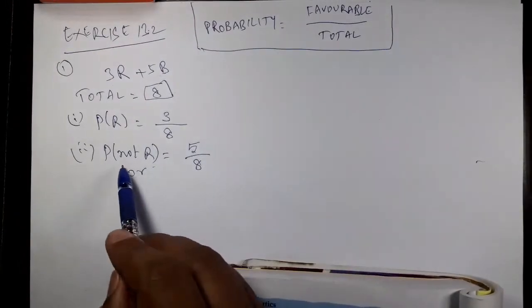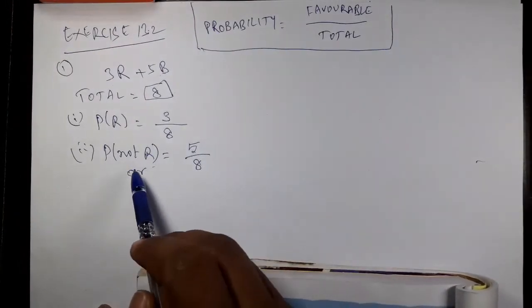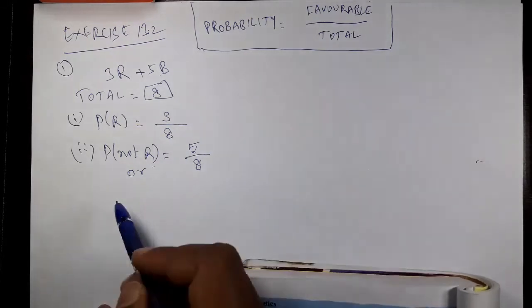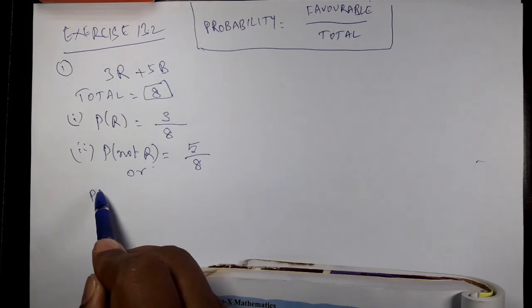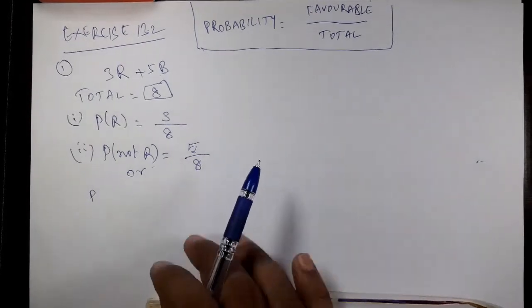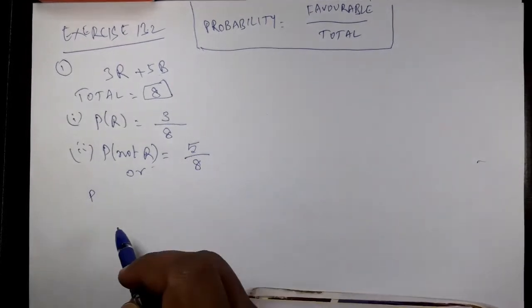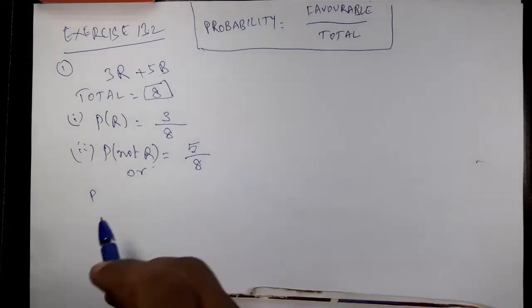But this can be solved in another way also. On seeing this, of course, you might have got that idea. Probability of an event E plus probability of not E is equal to 1, right? Where E and not E are complementary events.